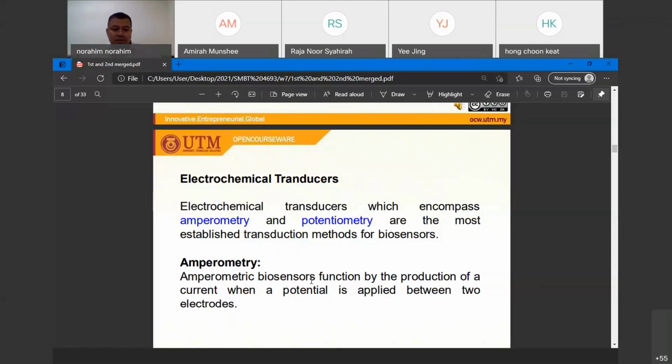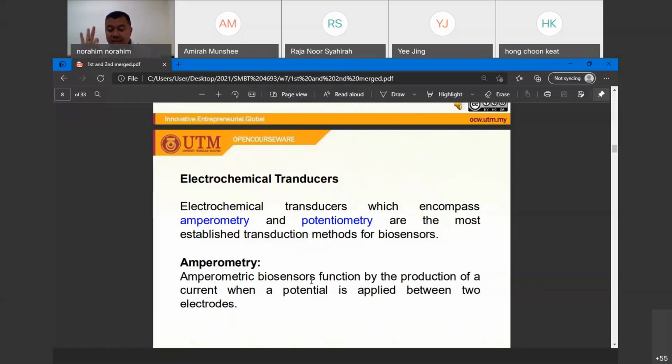So amperometry biosensors function by the production of current when a potential is applied between two electrodes. Which electrodes? Working electrode and reference. The other one, the counter electrode, is an electrode introduced into the system to minimize the noise.